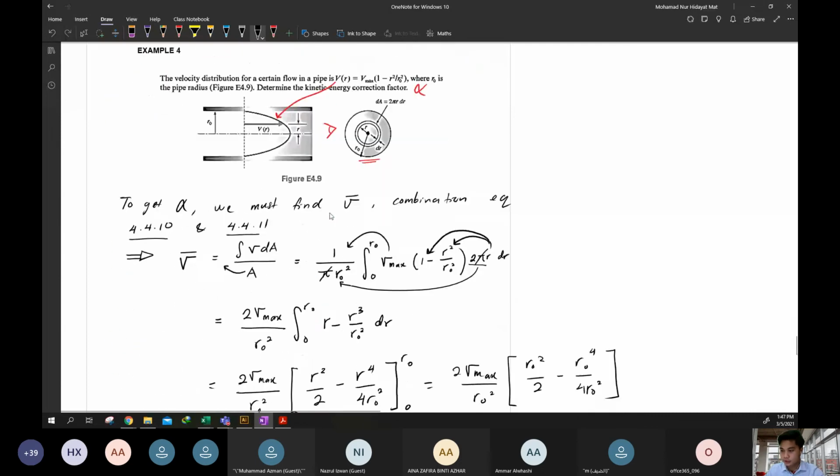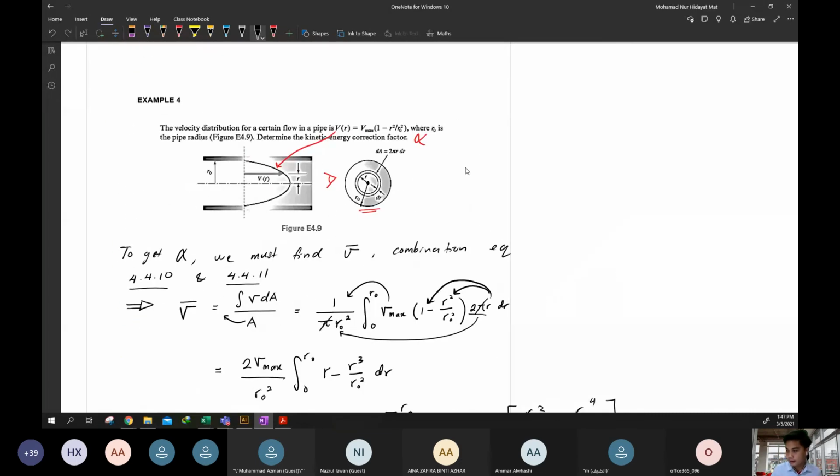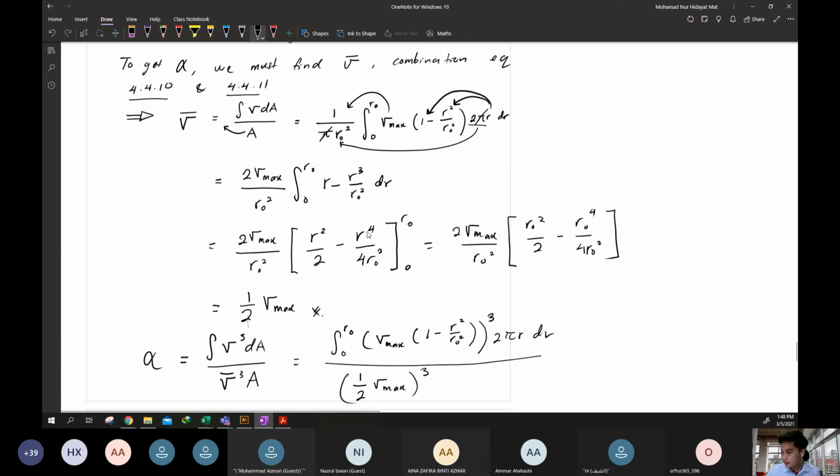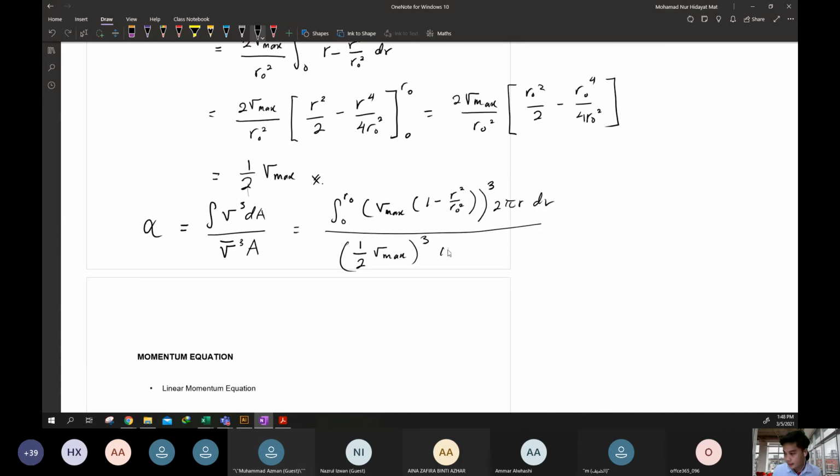How to get the area? The area is π r squared, so r is R naught, and the area is π R naught squared. So π cancels with π. When you do this integration, finally you will have this value.